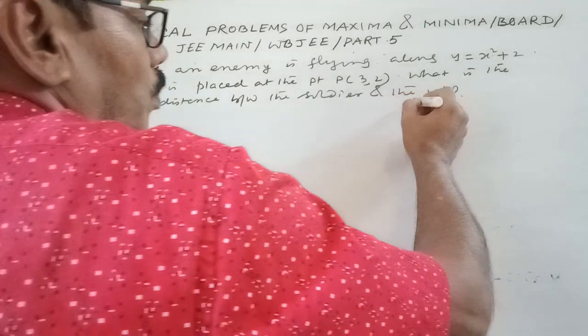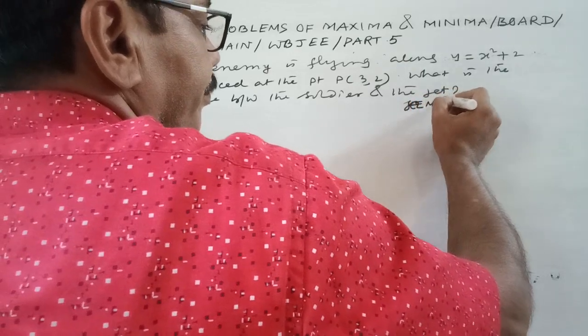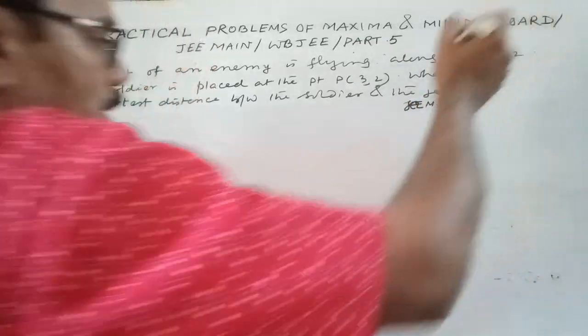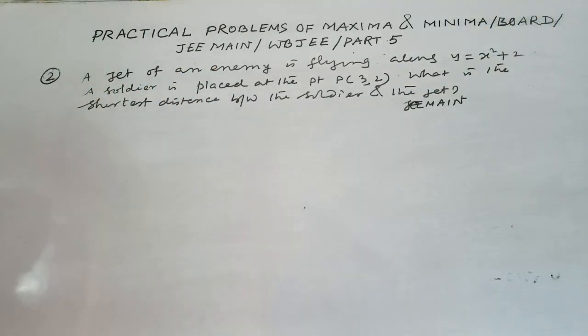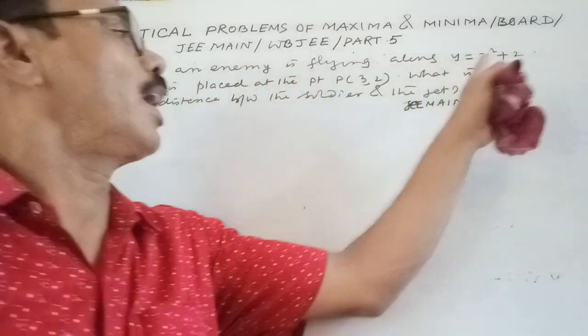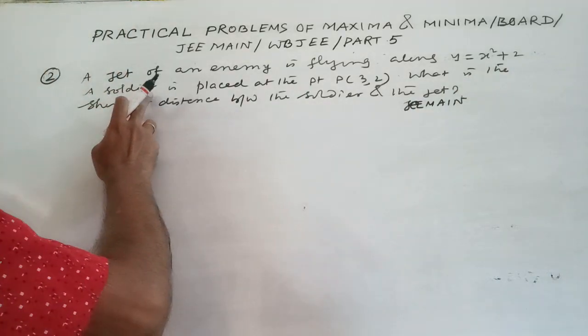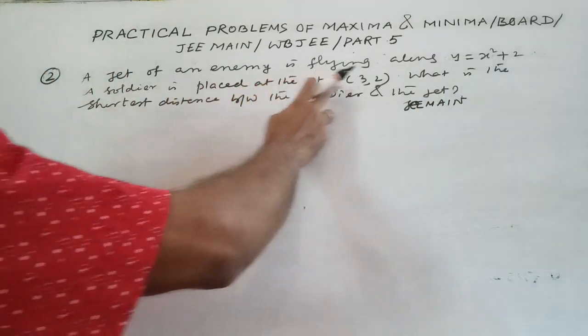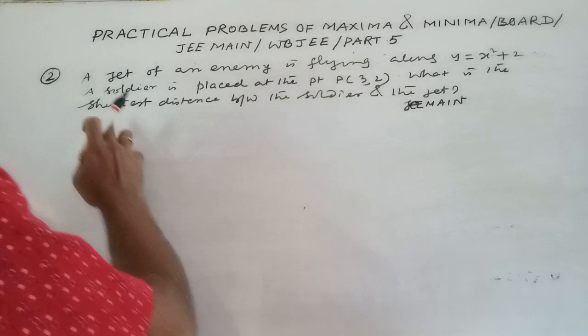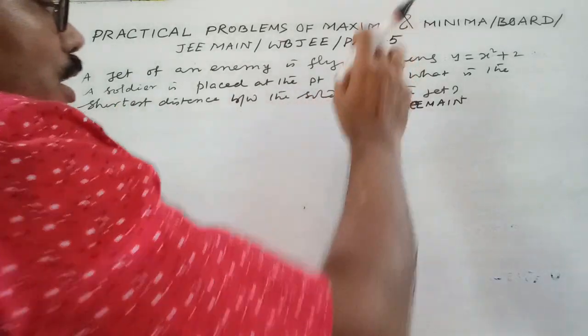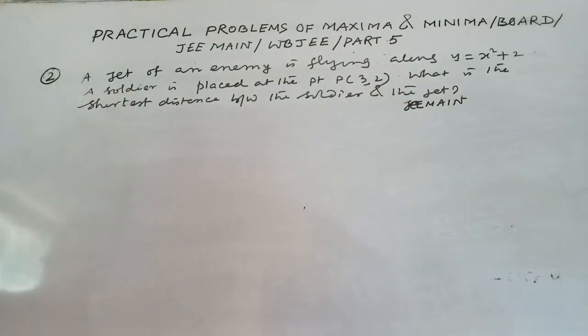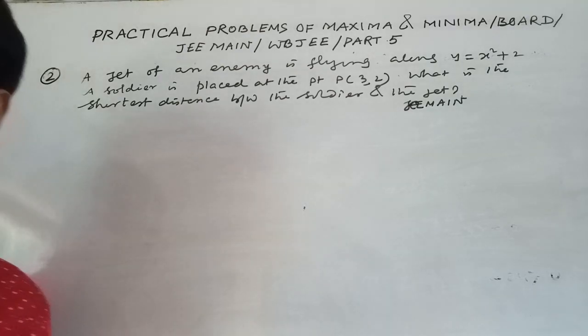This is a problem of JEE Main and WBJEE also. A jet of an enemy is flying along the curve. The curve is a parabola. A soldier is placed at the point P(3, 2). What is the shortest distance between the soldier and the jet?